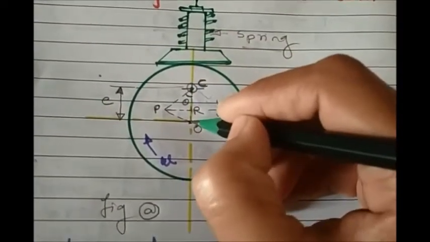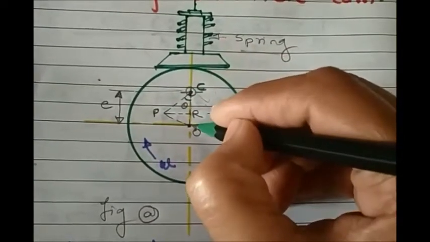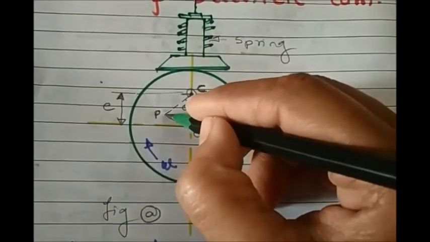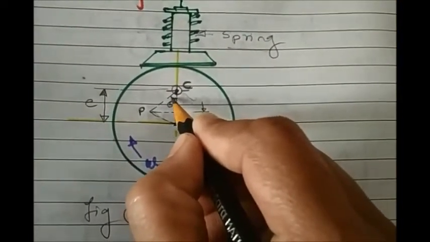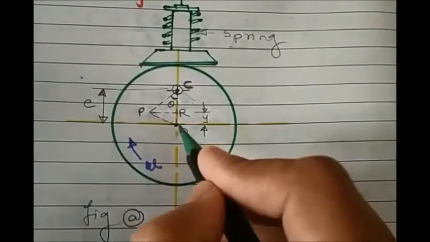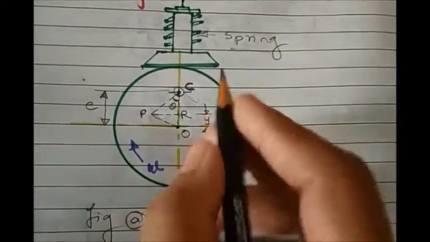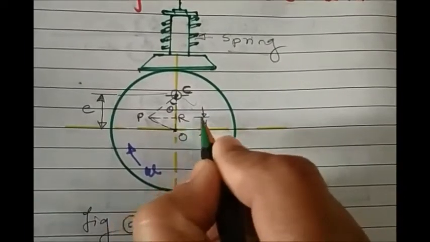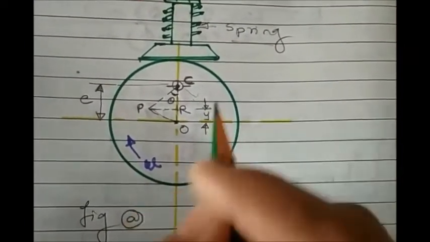So when the cam started rotating, this point will reach, let us say, point P, and at that time we have the rotation angle theta. When the cam is rotated by this angle theta, the follower has lifted by this much distance, let us say y.